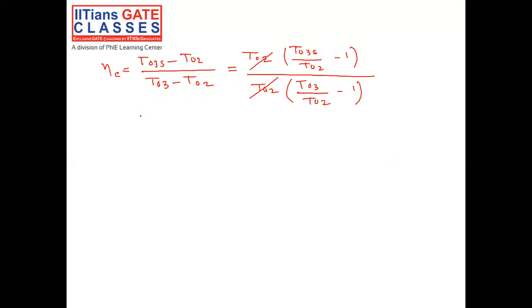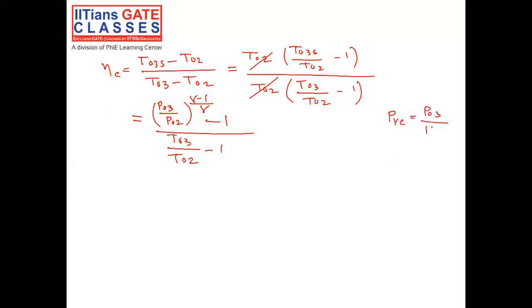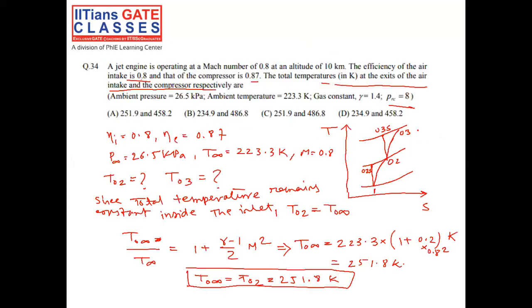But this can be written in terms of the pressure ratio from the isentropic pressure relation. So TO3s by TO2 can be written as PO3 by PO2 to the power gamma minus 1 by gamma, minus 1, divided by TO3 by TO2 minus 1. Now this PO3 by PO2 is the pressure ratio across compressor, which is given by PRC, that is PO3 by PO2. So this value is given, which is 8.